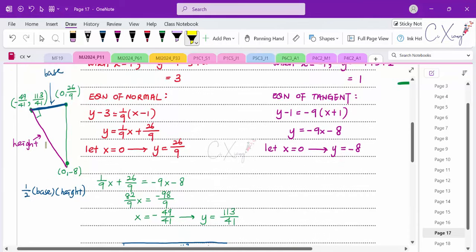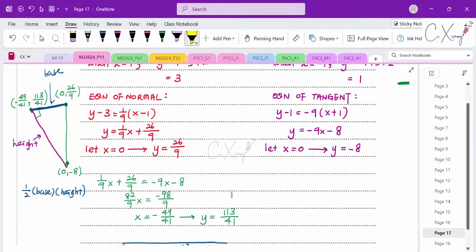Okay, so in my opinion, you need to roughly draw out how the triangle looks like so that you know what are the correct points to use to calculate the length and the height. Without sketching out the triangle, you might not be able to see how the normal and tangent form the triangle with the y-axis.